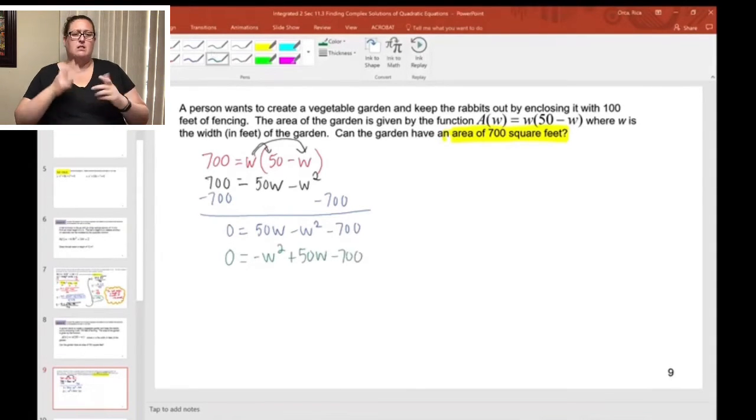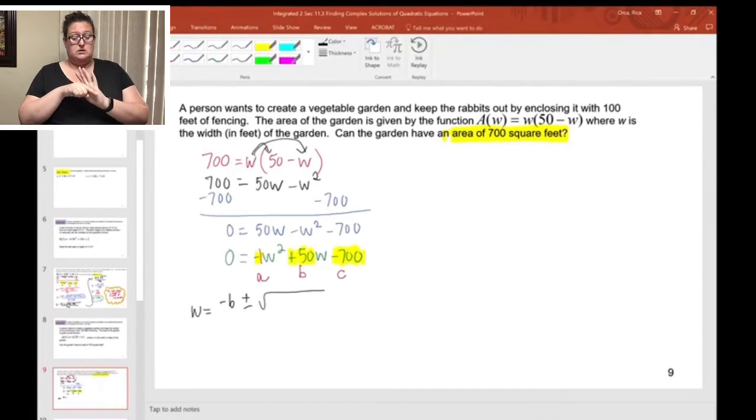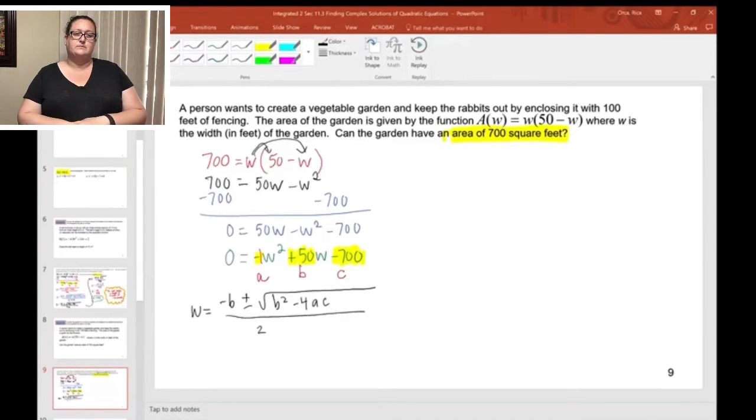Now let's identify a, b, and c. If there's no number in front of w squared, remember to use 1. So a is negative 1, b is 50, and c is negative 700. Let's take these values and plug them into our quadratic formula. w equals negative b plus or minus the square root of b squared minus 4ac all over 2a.